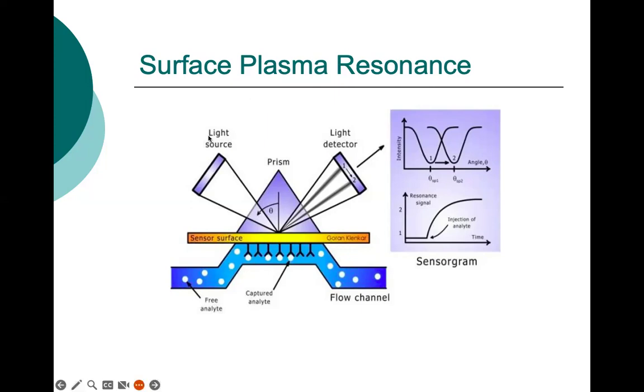This is another characteristic of light. If you see here, this is SPR. If we buy it, it's a very expensive machine, but it's quite accurate. The sensor surface usually is gold. Of course there's a bit of chemistry that you have to do.